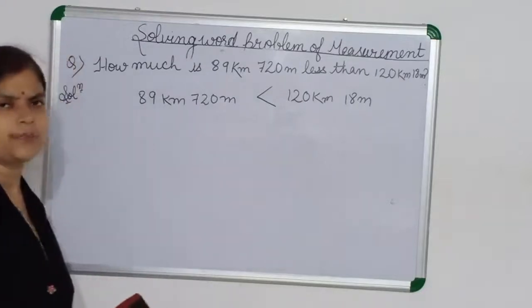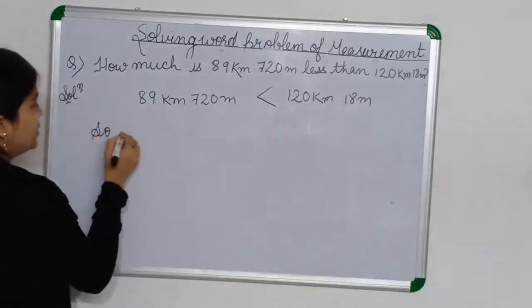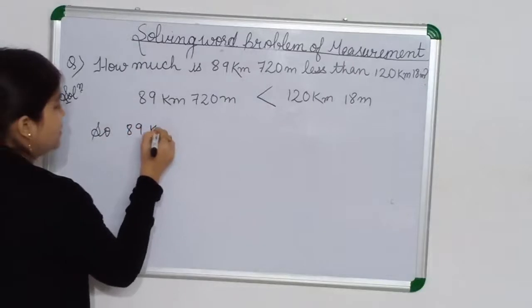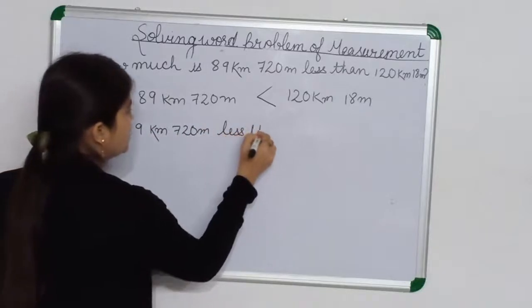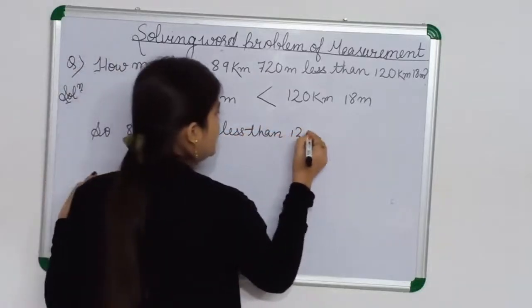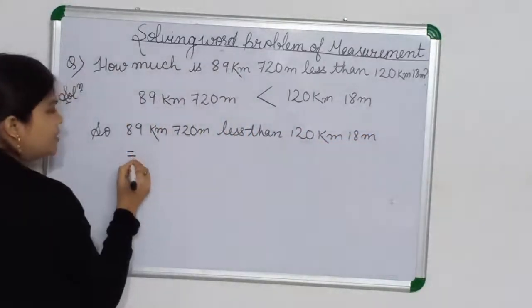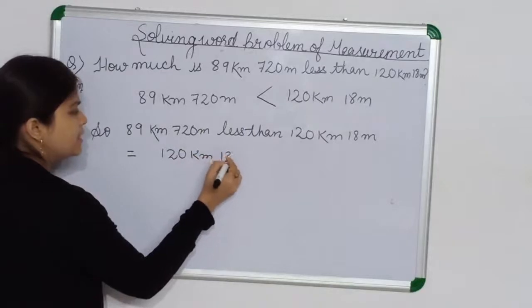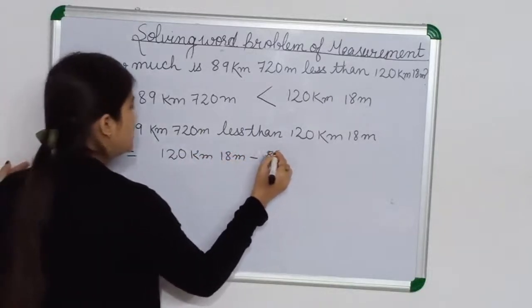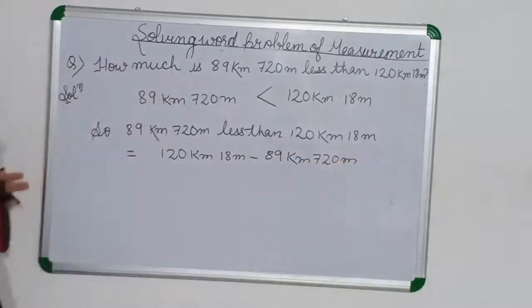So we have to do the subtraction here. 89 kilometer 720 meter less than 120 kilometer 18 meter: less than means we have to subtract, so it is 120 kilometer 18 meter minus 89 kilometer 720 meter.